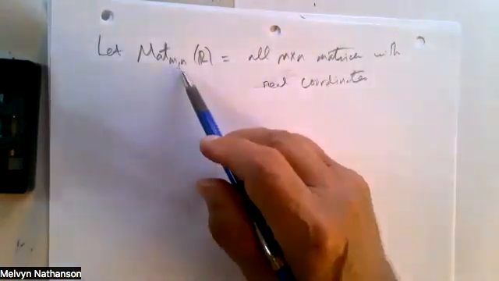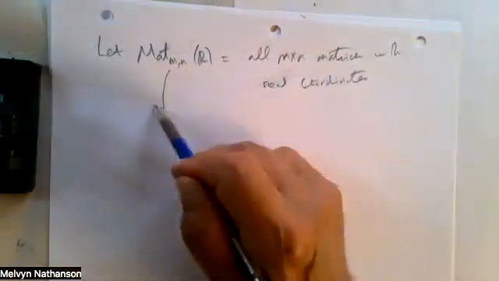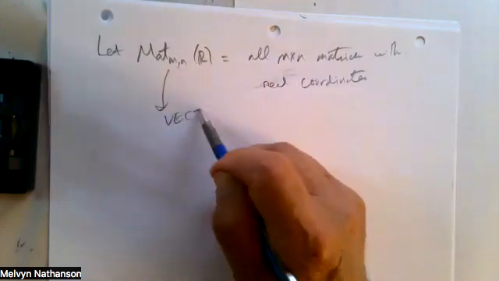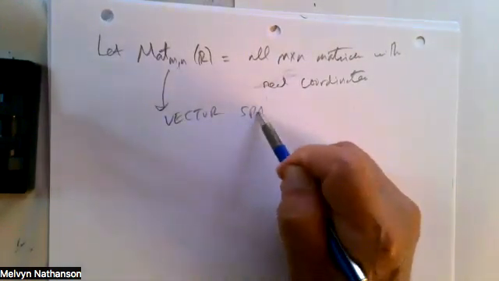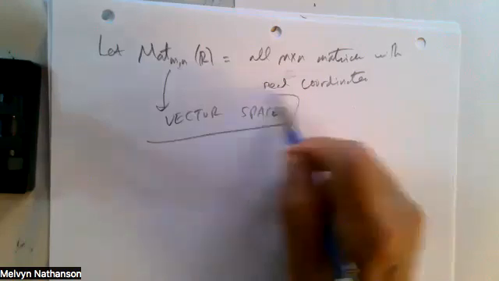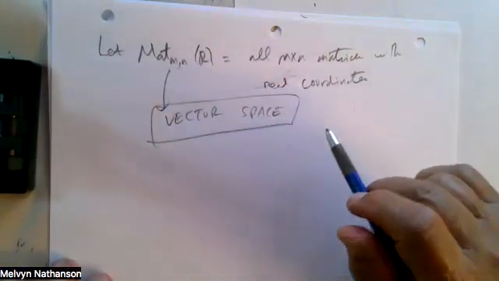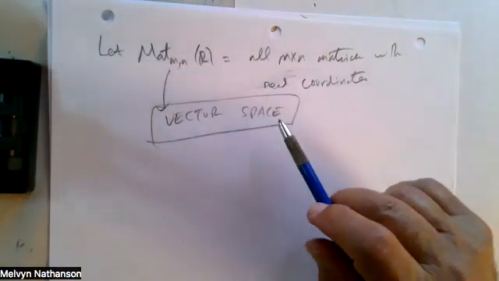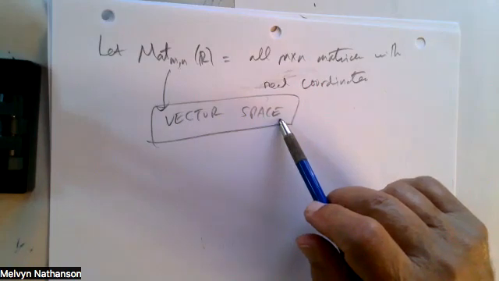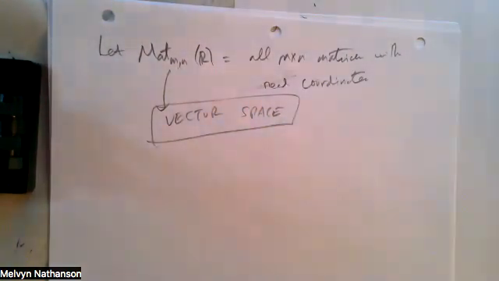You fix M and N, and this is an example of a vector space. Just the way you can add vectors in Rn and multiply them by scalars, you can add matrices of the same shape and multiply them by scalars. So that is good to know.